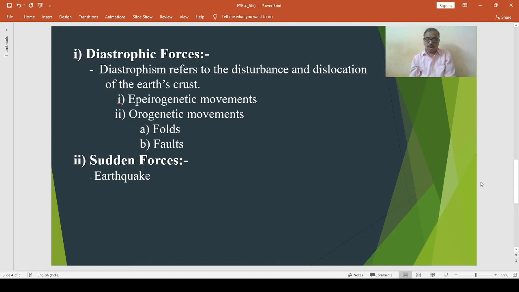The upfolded rock strata are called anticlines, while the layers of rock that bend downwards are called synclines. The two sides of a fold are called limbs.